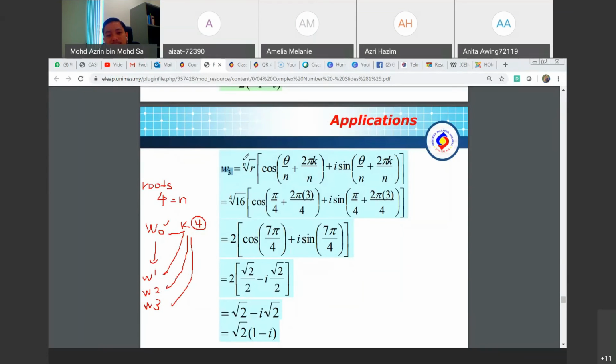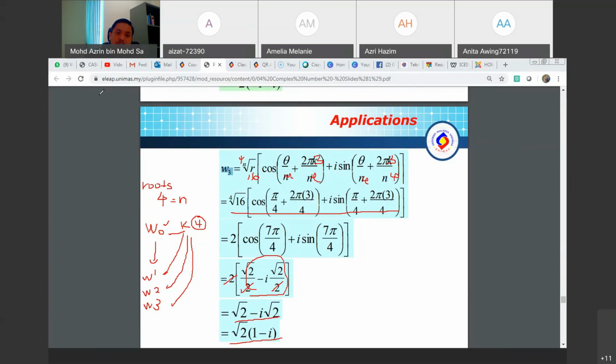Same methodology, just masukkan balik. N adalah 4, K adalah 3, R adalah 16. Then you solve this equation. So you dapat 7 pi over 4. Then you solve this part, you get this part. Then you cancel out here. So you get this part, and then you get the last final one, square root 2 times 1 minus i.